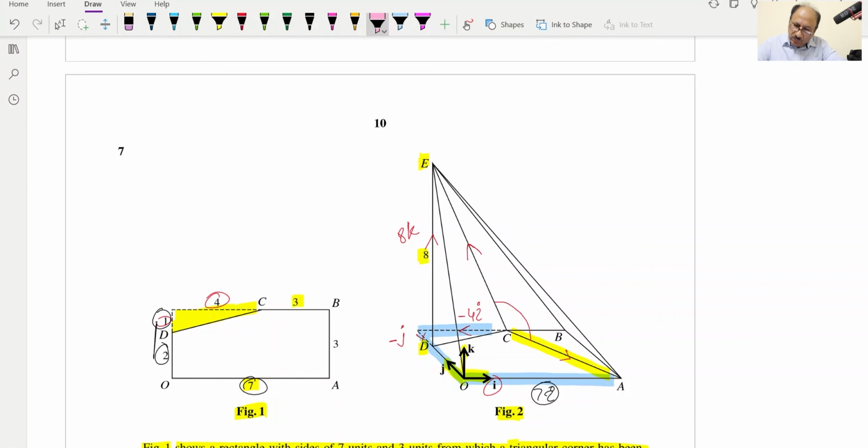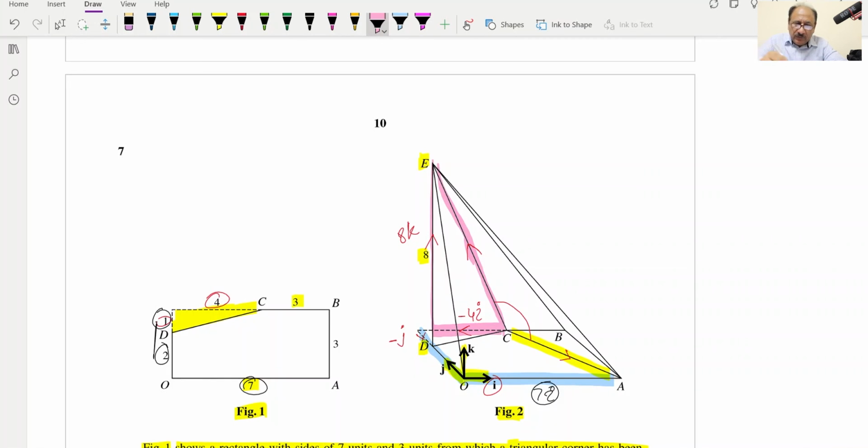So CE is this vector. For that one we can take this root. I will erase this, and we will be using this root.